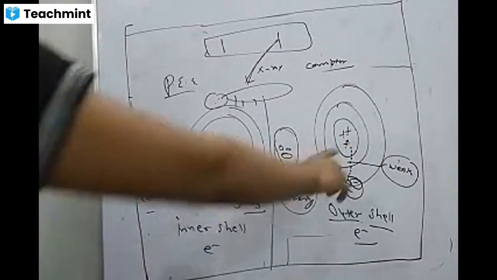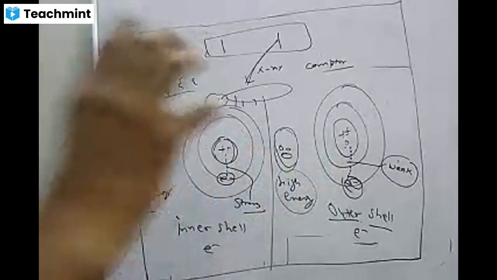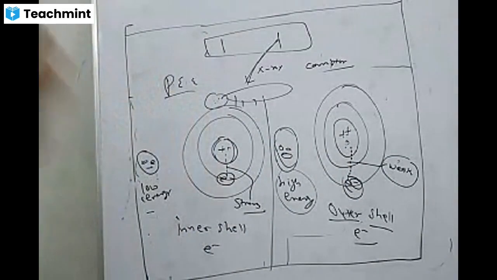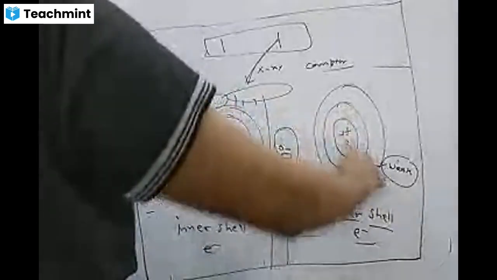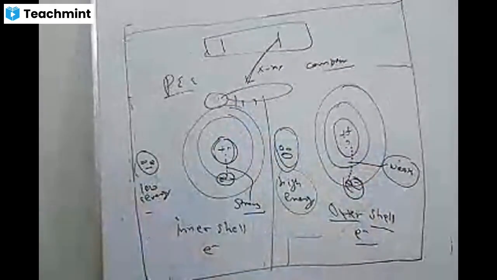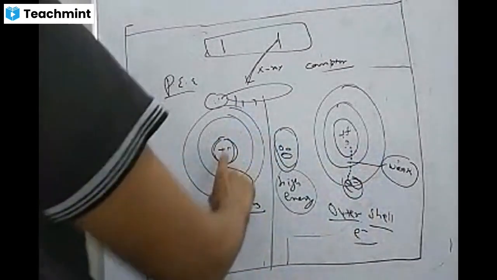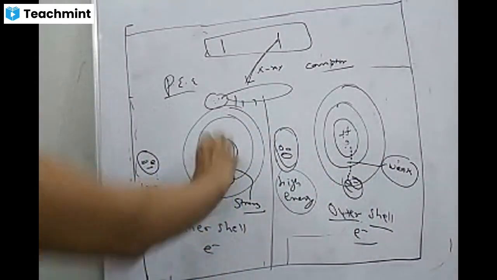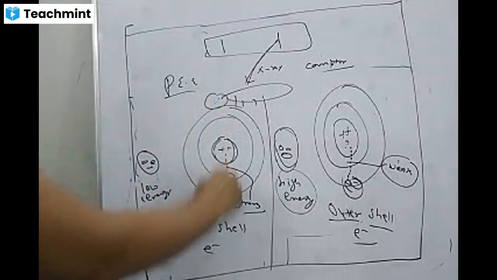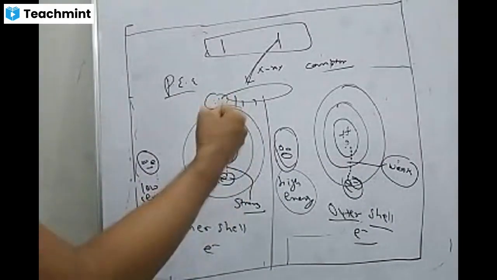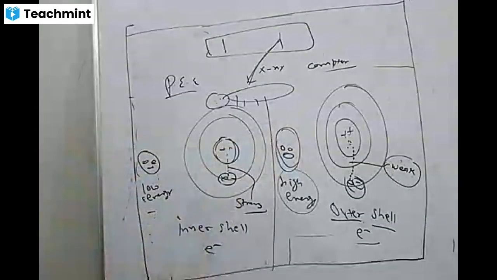In these two cases, which case needs a higher energy photon to remove the electron? Obviously in the outer shell case the interaction is weak, so with little energy we can remove this electron. But in this case the electron is very near to the nucleus and the attractive force is so strong that it needs high energy to get out of this orbit.